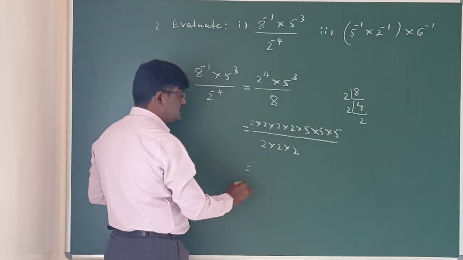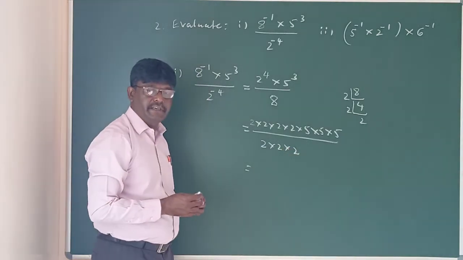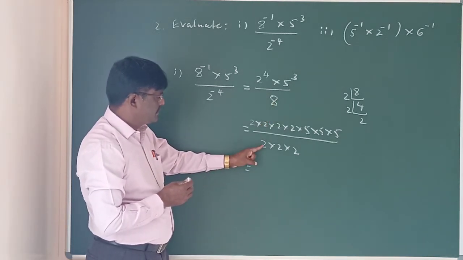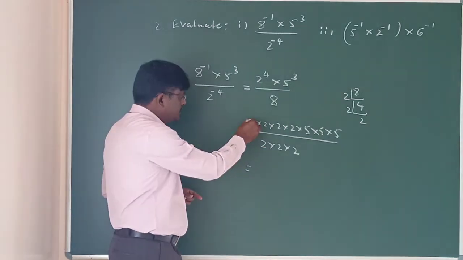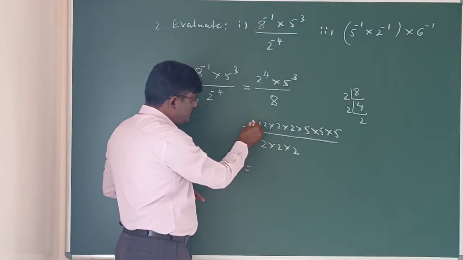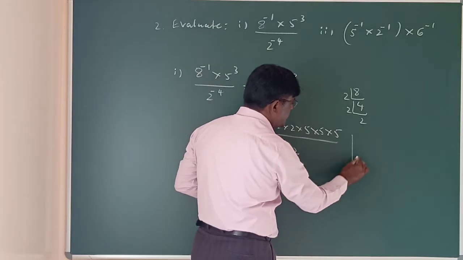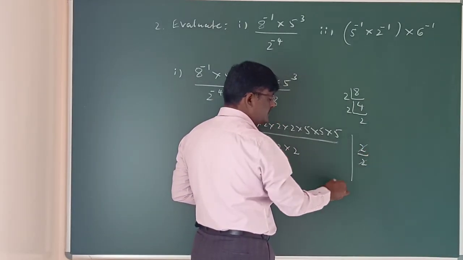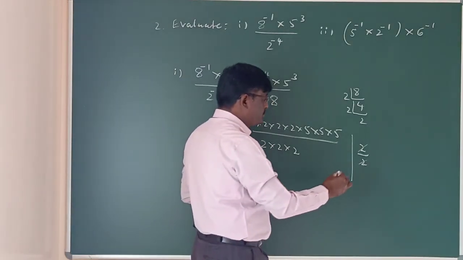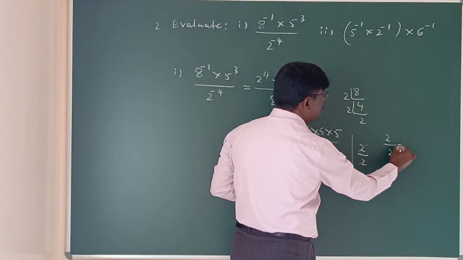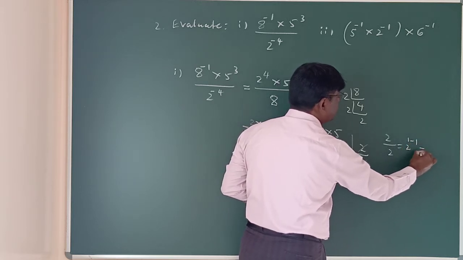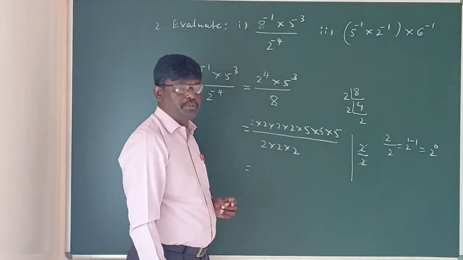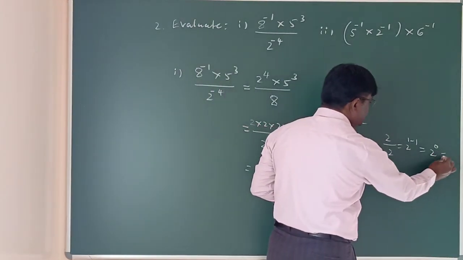Now therefore, here, of course, we say here what, children? 2 power 1, 2 power 1. When we have here 2 by 2, usually what we used to do, we get them cancelled. How they get cancelled? Because here, when it is 2 by 2, we used to write 1 minus 1. That any base raised to the power 0 is nothing but what? 1.